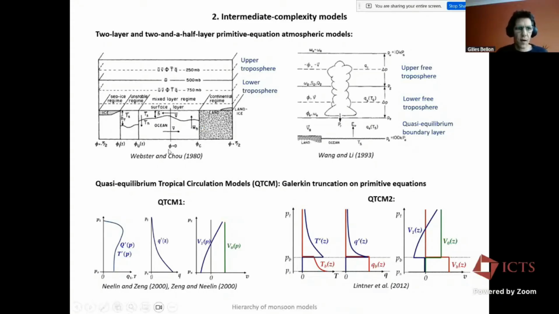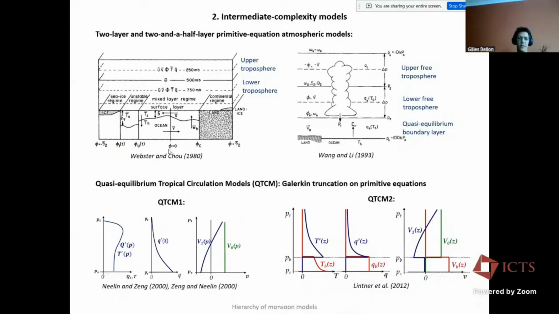Then the other approach to simplify the vertical structure of the atmosphere is the one used in the quasi-equilibrium tropical circulation model family. Essentially, instead of considering layers on the vertical, it projects the primitive equations onto a limited number of vertical profiles.